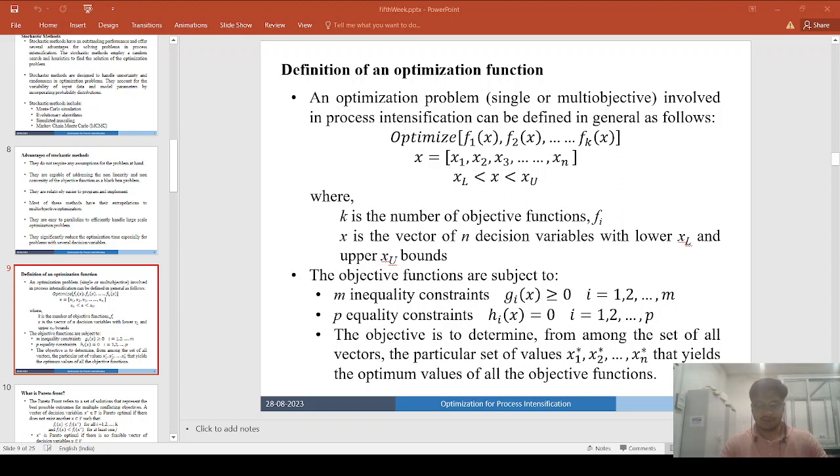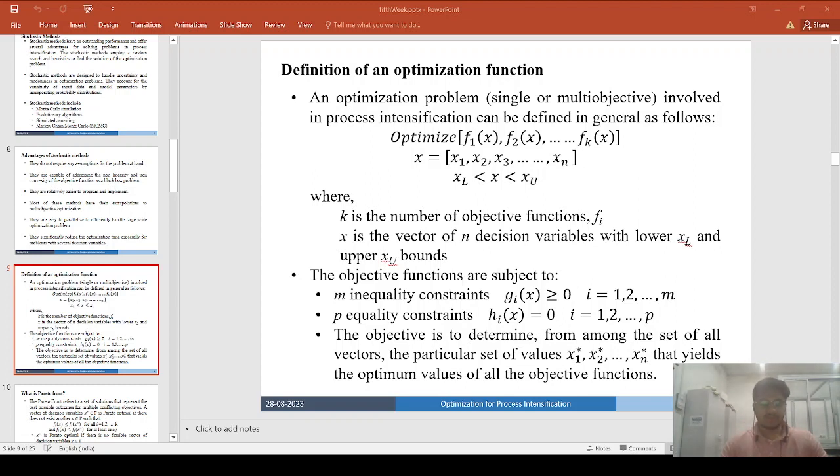a given objective function. So this here in the square bracket is a vector, capital F, which includes as its elements multiple individual objective functions.